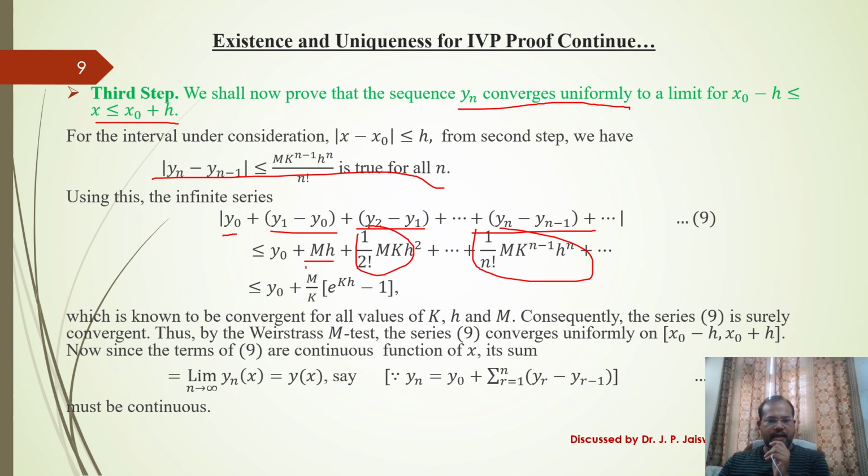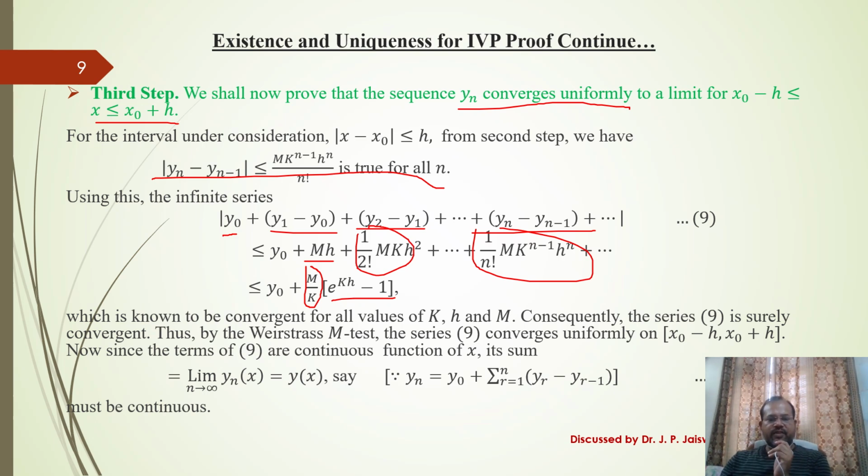If you take M by K as common, and take K common, this becomes M into h into K. And I am taking M common, so here basically it is K into h. Similarly, here 1 by factorial 2 K square h square. So this is nothing but the exponential of Kh, and 1 is missing. So to make balance, I have subtracted 1.